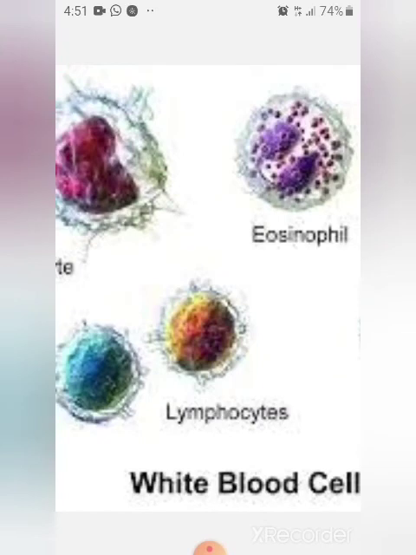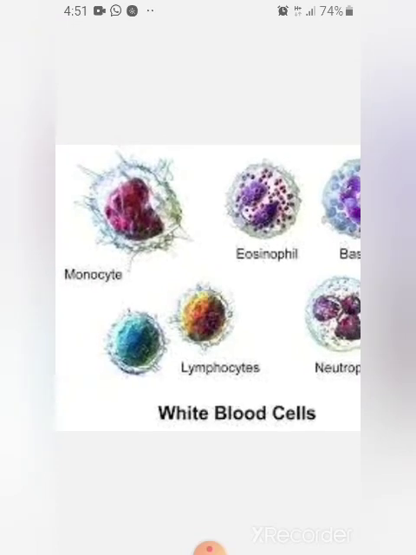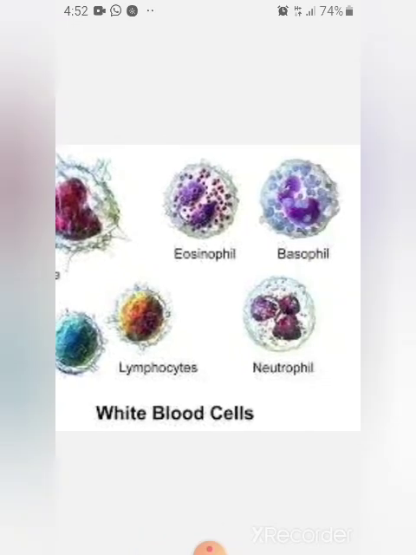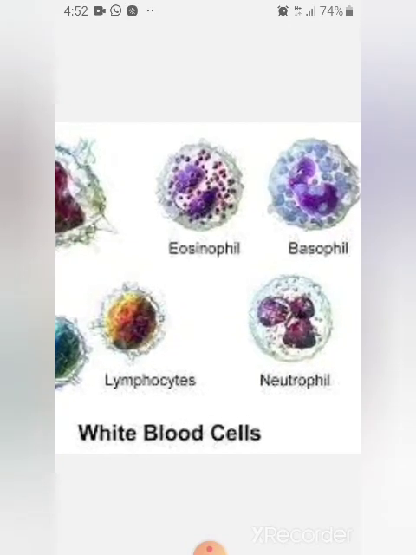White blood cells are divided into 5: monocyte, eosinophil, basophil, neutrophil, and lymphocyte. They have no definite shape. Nuclei are found in different shapes. They are colorless due to the absence of pigment.